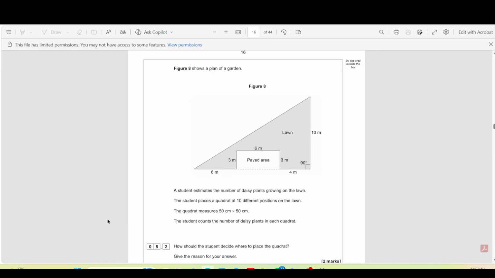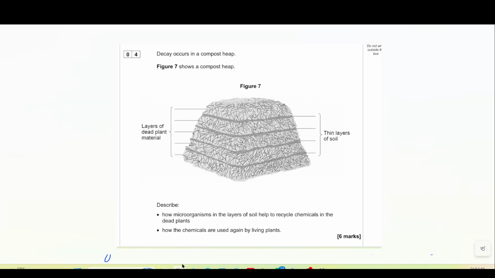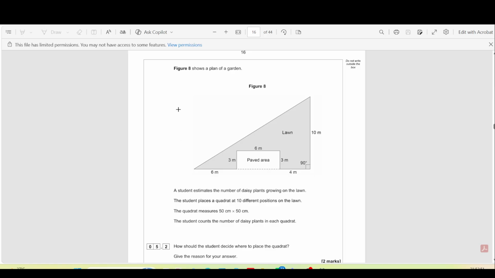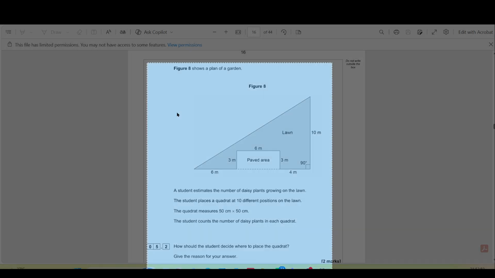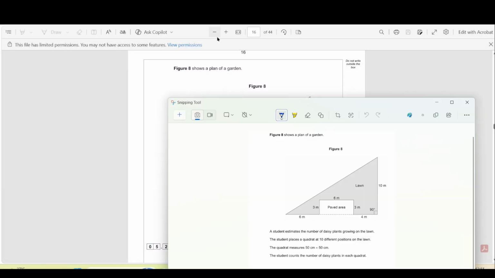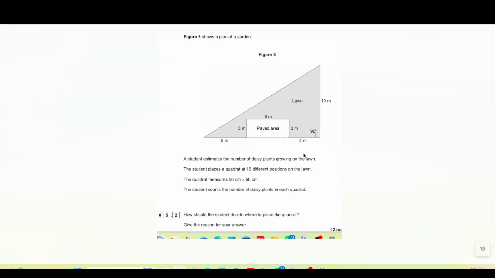How should the student decide where to place the quadrat? A student estimates the number of daisy plants growing on a lawn. The student places a quadrat at 10 different positions on the lawn. The quadrat measures 50 by 50 centimeters. The student counts the number of daisies in each quadrat. How should the student decide which place to put it?